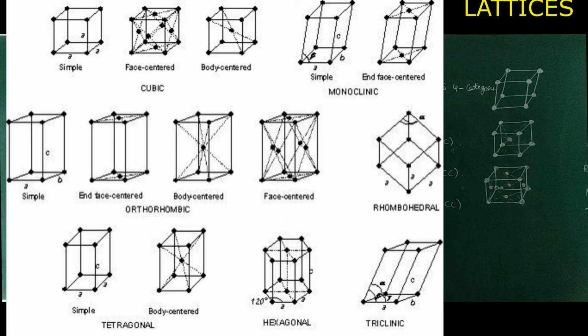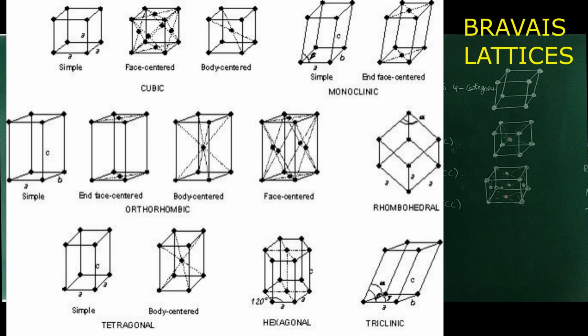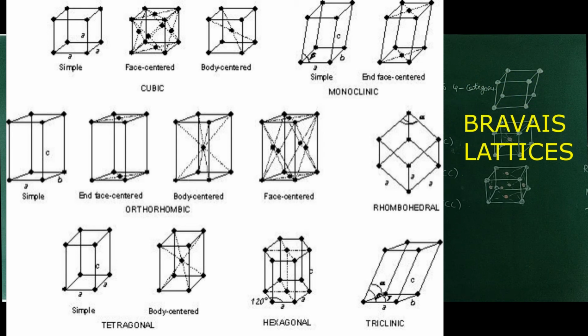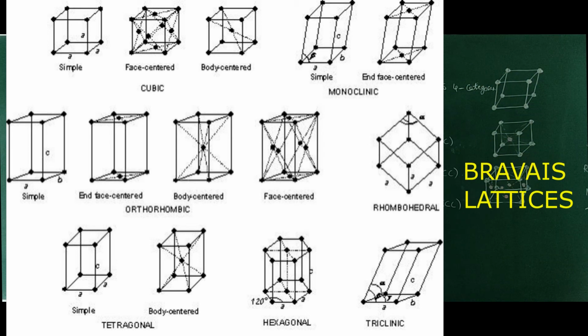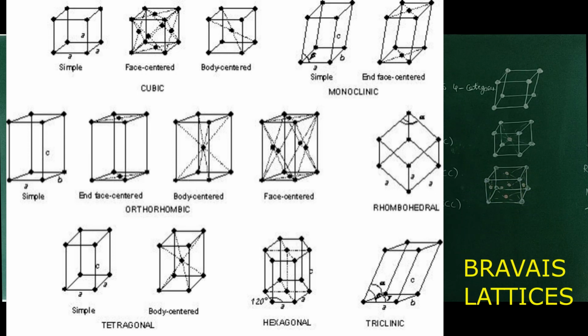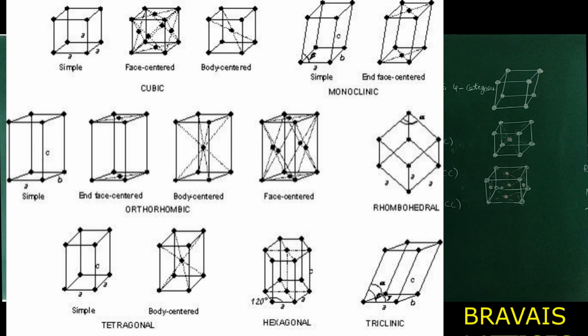Based on the 6 parameters A, B, C and alpha, beta, gamma, 14 unit cells are possible. These 14 unit cells are named the 14 Bravais lattices.